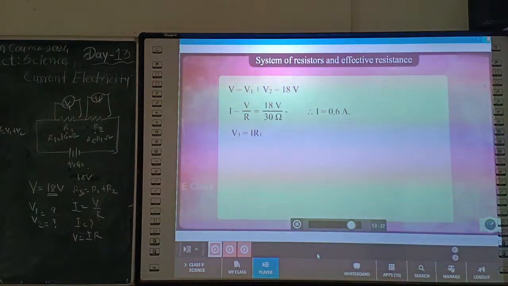V1 is equal to IR1. V1 is equal to 0.6 multiplied by 16, which is equal to 9.6 volt.